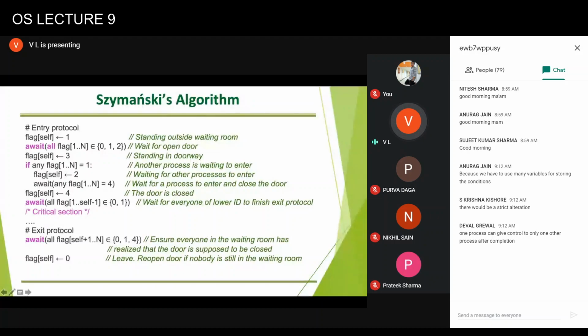Then it will wait till other processes enter and the door is closed. Once the door is closed, the processes in the waiting room try to find out the process which has the minimum ID to continue into the critical section.